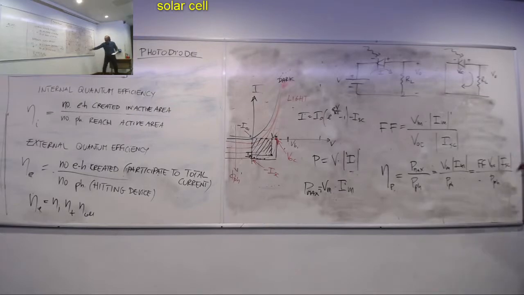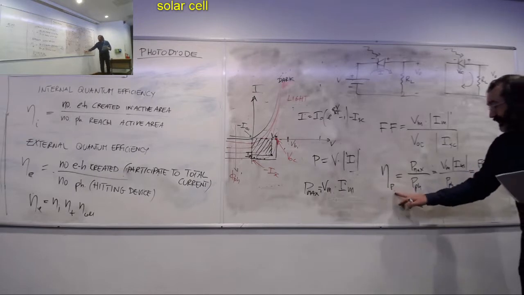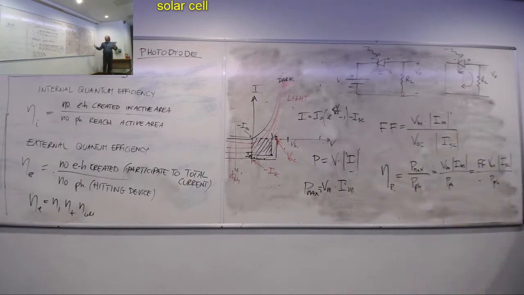So in reality, eta P here has a dependency as well on eta E, but it is a bit too complex to put in an analytical way. But obviously there is a dependency. And this power conversion efficiency goes from a few percent to the record, maybe nowadays, maybe 20-something percent for solar cells.